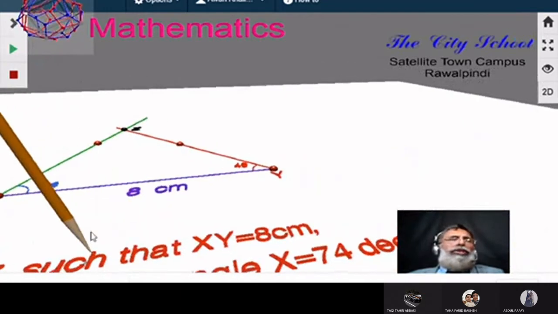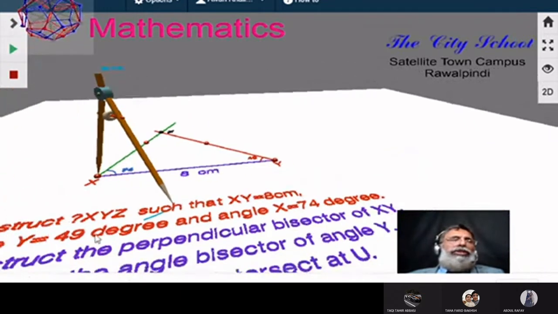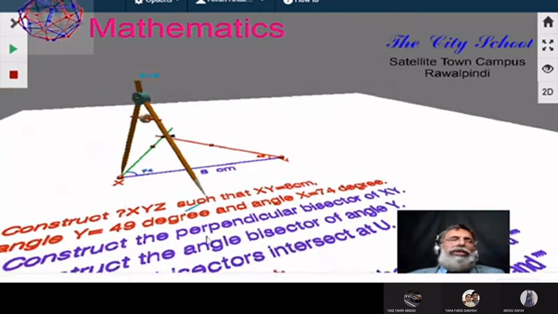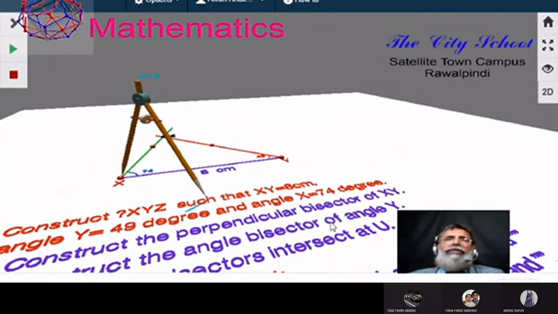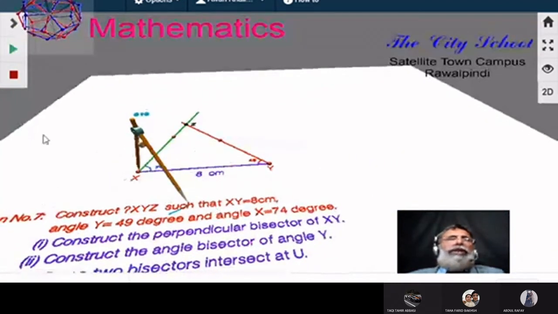Now what is the second thing? The second thing is constructing a perpendicular bisector of XY. From X we'll be drawing an arc which is more than half of 8 centimeters.